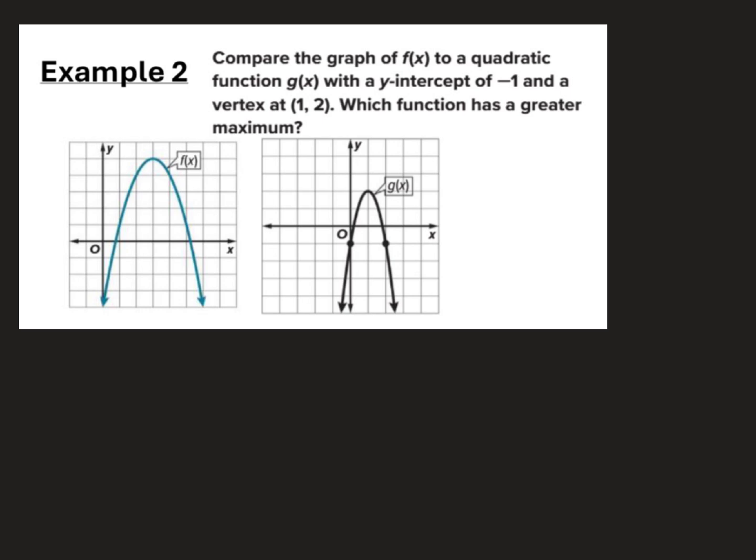Example 2. It wants us to compare the graph of f of x to a quadratic function g of x with a y-intercept of negative 1. So from the graph, f of x appears to have what kind of maximum? Because they both have a maximum.